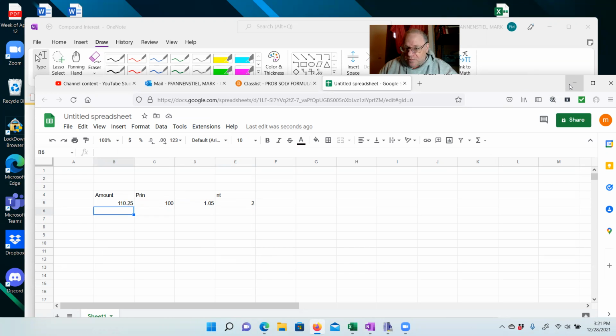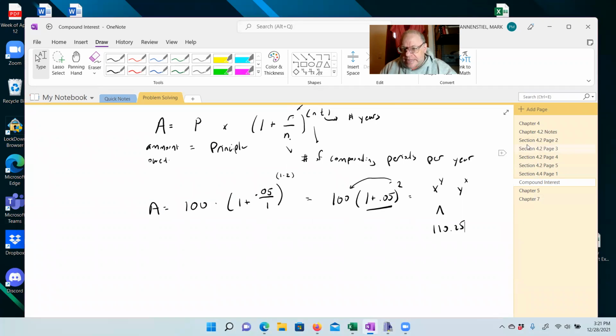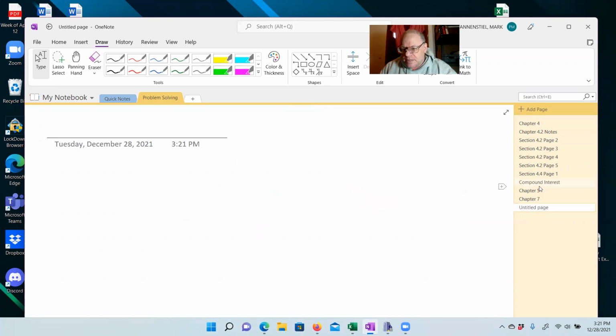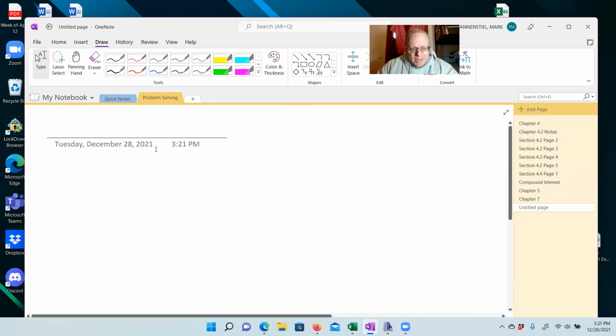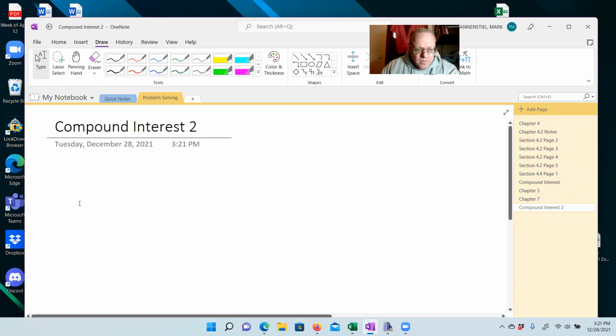So let's work on a problem that you might see. We're going to go ahead and add a page, and we'll say compound interest 2. All right, so here we go. Let's just come up with a problem here.